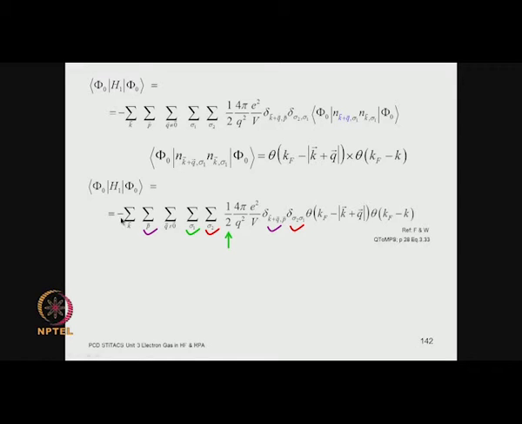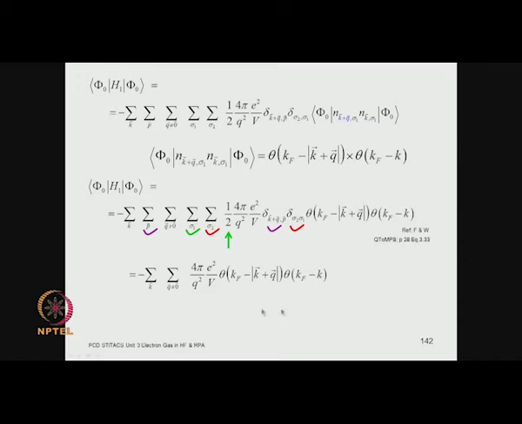right. So, when you carry out all of these summations, do the Kronecker delta contractions, your result becomes minus sum over k, sum over q not equal to 0, sum over p has been taken care of. The only term that is going to survive is when p is equal to k plus q, and that is the only term that survives, and now you have the product of the Heaviside step functions.